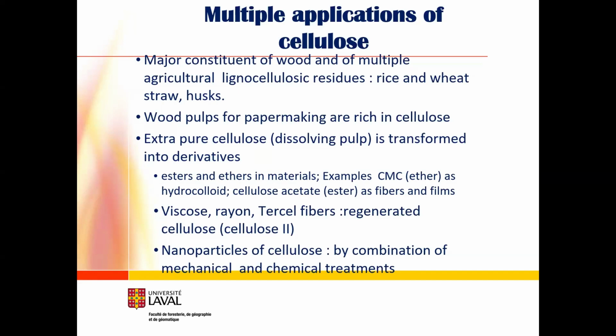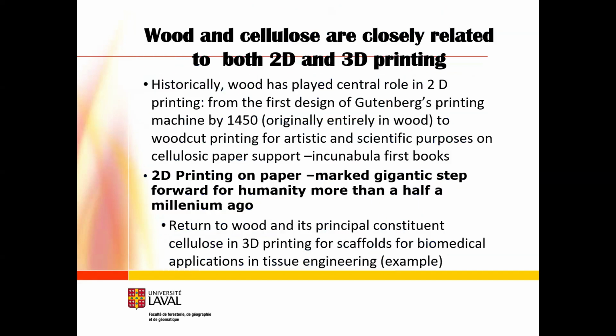And also it is the type of material that is used for production of regenerated cellulose, which is cellulose 2. And finally, for the nanoparticles, which is the topic of today's presentations, as you are interested in 3D printing.